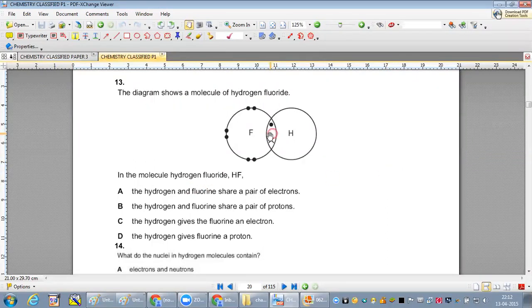These are the electrons that are shared. So the first option over here is the correct one. The hydrogen and fluorine share a pair of electrons.